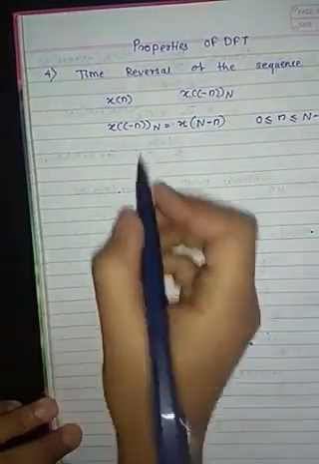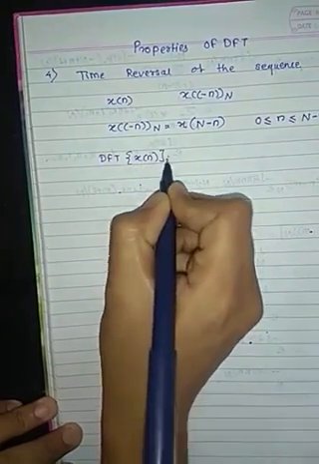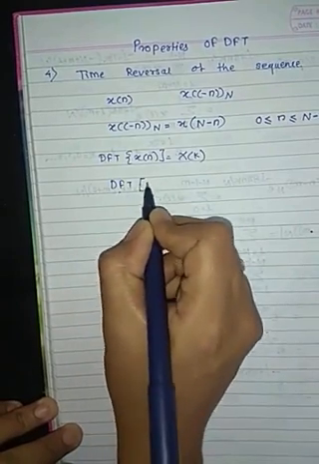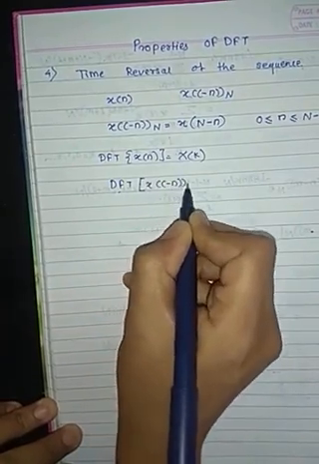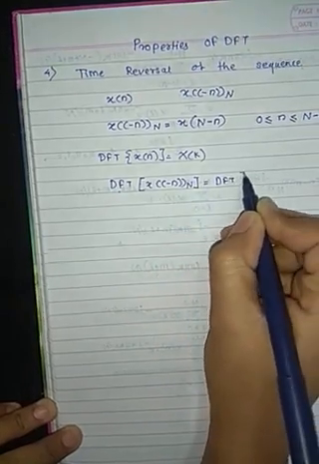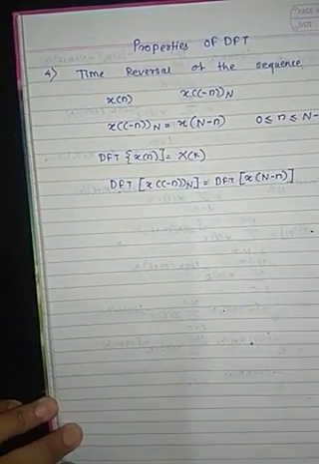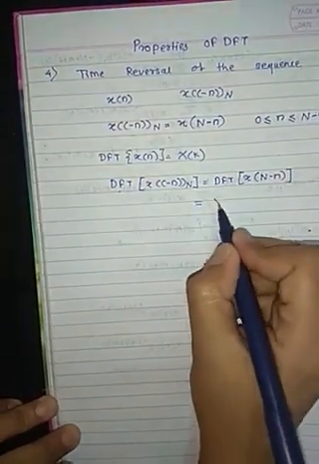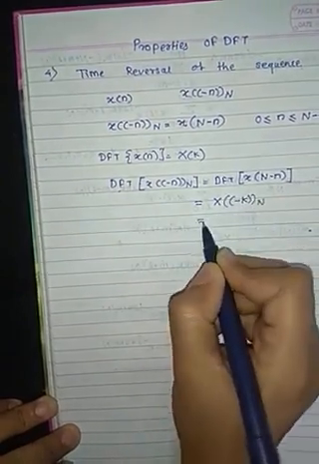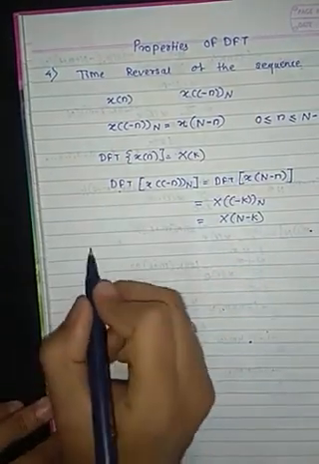So if the DFT of x of n is given as X of k, then the DFT of x of minus n modulo N, which is the DFT of x of N minus n, can also be written as X of minus k modulo N, or we can say this as X of N minus k. Now we have to prove this.